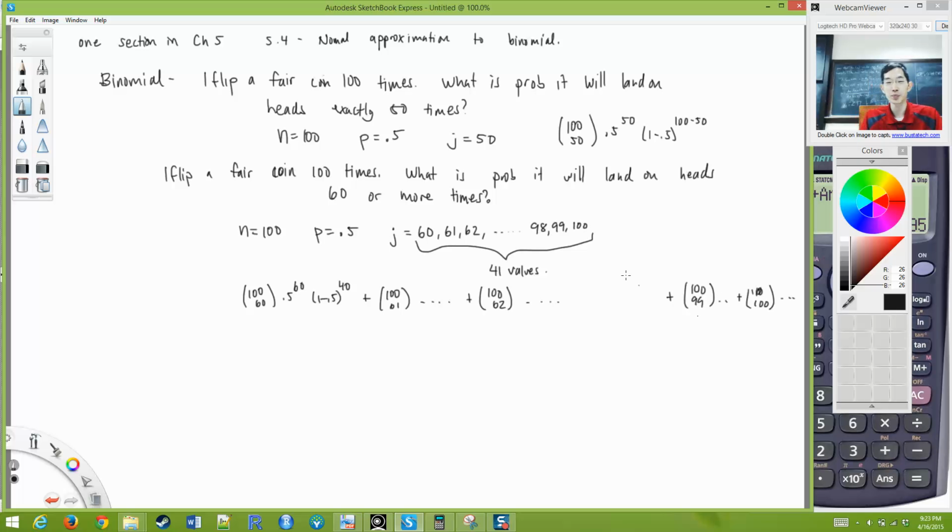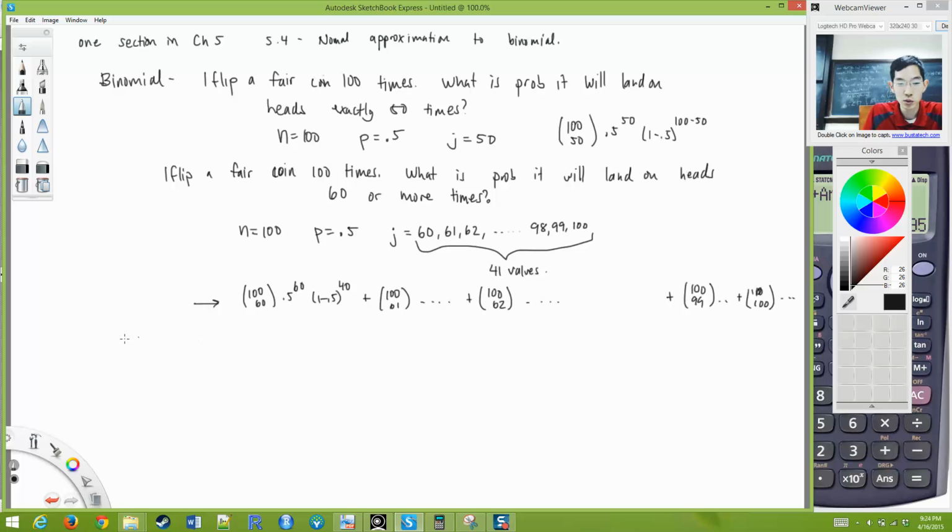Okay? So, let me just put a little disclaimer. These types of questions are now very easy to answer with a computer. But if we wanted to answer these questions by hand, we would need a better way than to do this. And so, this is when we use the normal distribution as an approximation for the binomial distribution.